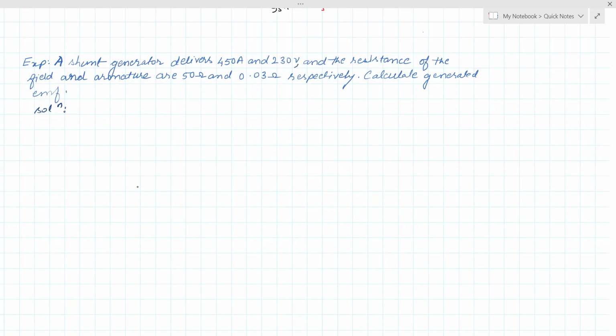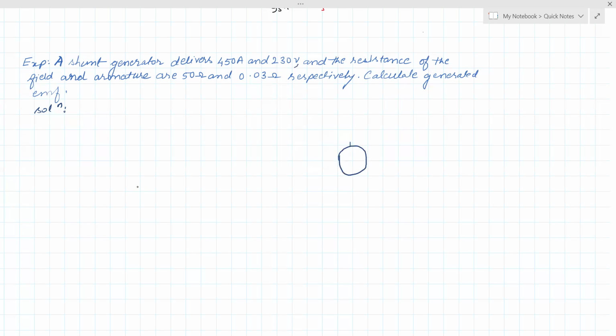But at first, based on this type of generator, we will draw the generator diagram. Say this is the DC shunt generator. Shunt generator means that the field winding and armature winding are both in parallel with each other.